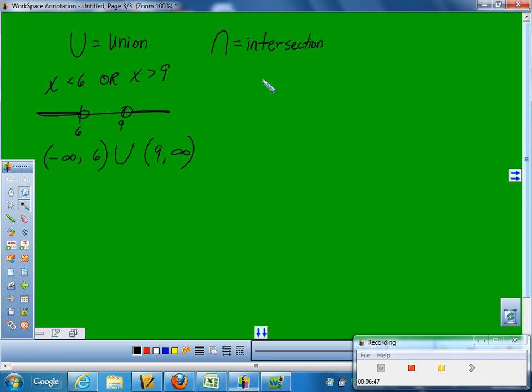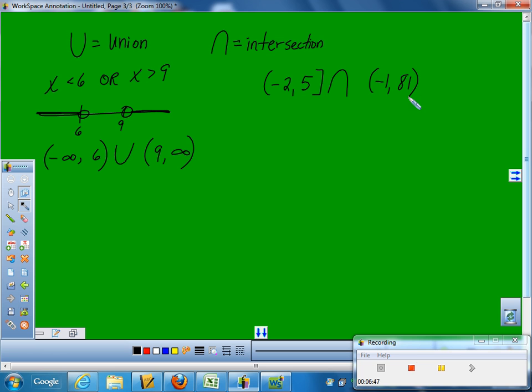All right, what if I said to you, here's interval notation with, what's an intersection? Starts at -2 and goes to 5. Everything can equal 5. In this case, I want you to find me the intersection.